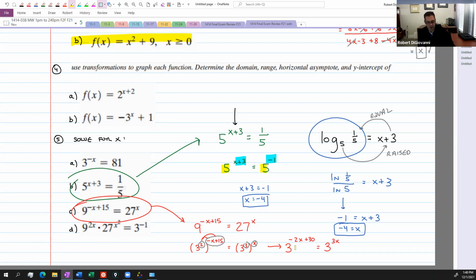And just as in the previous problem, they both have a 3 down here, which means we just have to match the exponents up. So I've just got to go solve that little equation over here. -2x plus 30 equals 3x. I will add 2x to both sides, and I will divide by 5 and get an answer of 6.